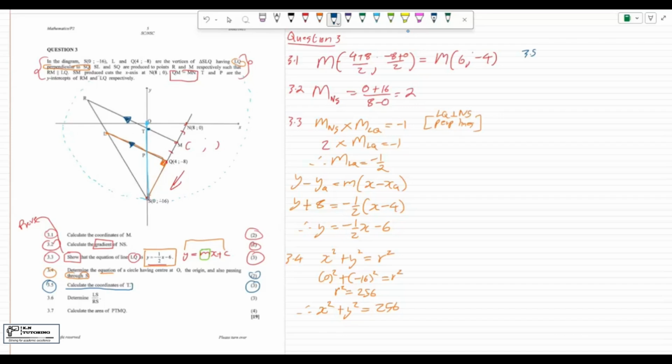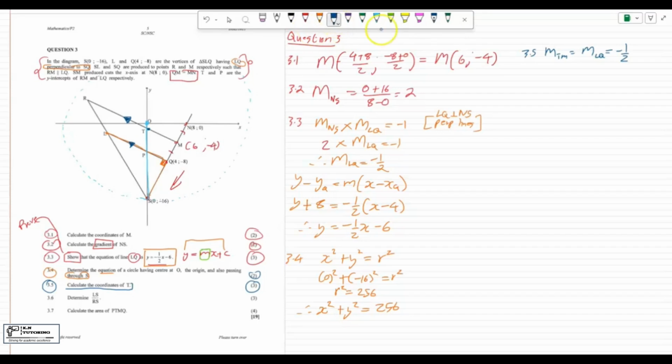So the gradient of line TM will be the same as the gradient of line LQ. And it was what? -1/2. So what do I need from here? I just need to use a point that passes through that line. And remember, I had already found that the coordinates of M are 6 and -4.